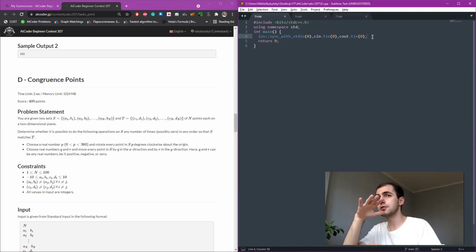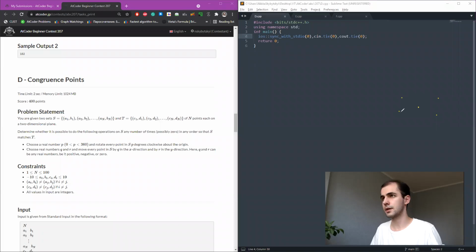The thing is that you can rotate not only about the origin, because you are given an ability to translate. Imagine that you got a square, that's just easier to see.